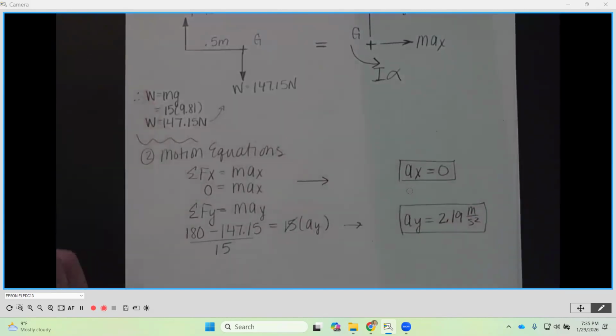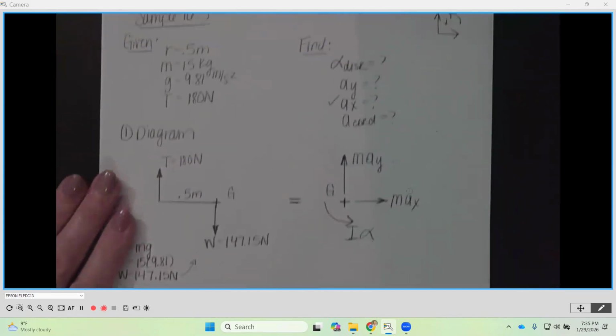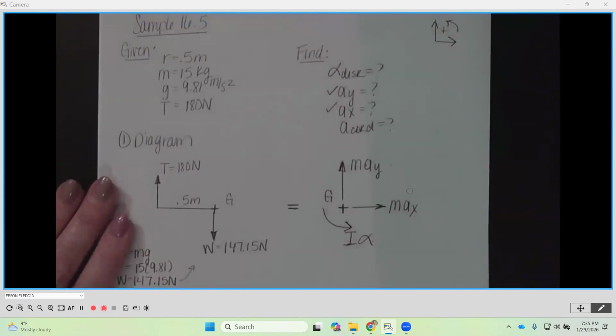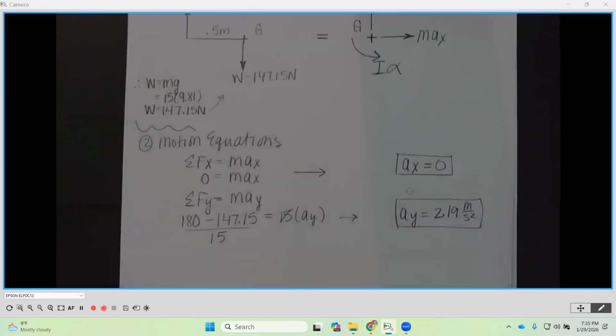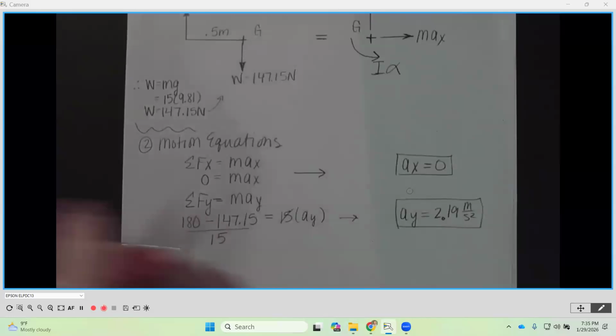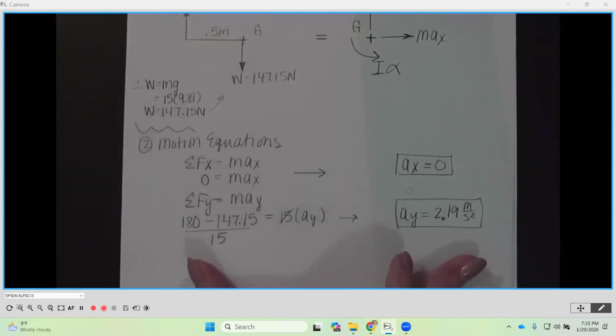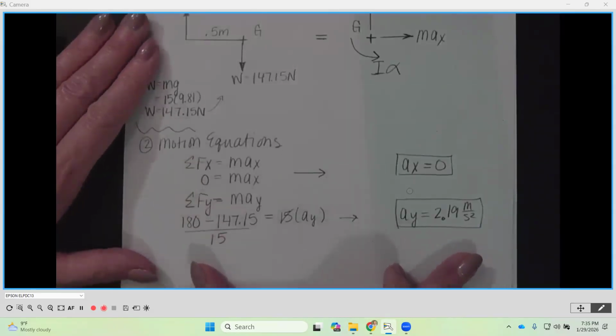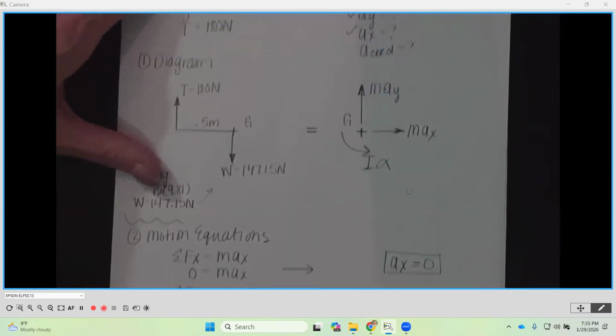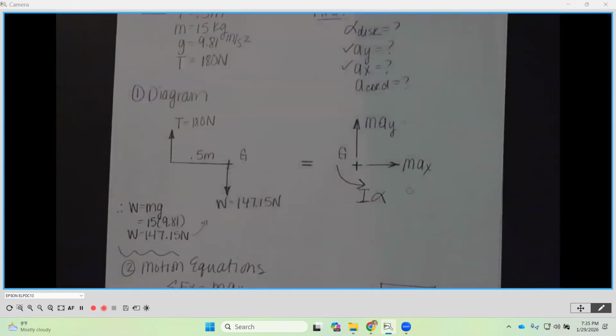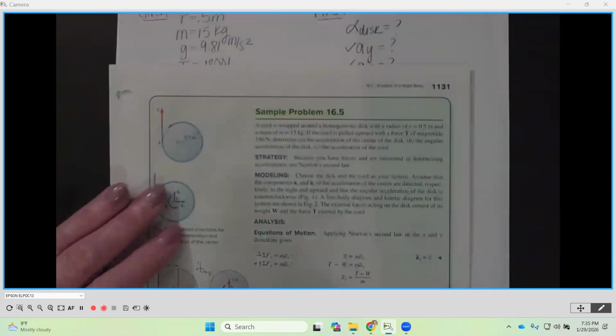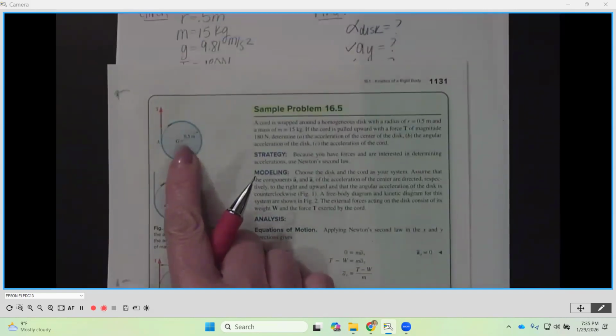Make sure you put the units on there because this is one of the final answers that we need. So we've got a y acceleration. Now, why do we have a y acceleration? It is going to move in the y direction, and the reason is because remember when we looked at the disk, there is no support here holding it in place.